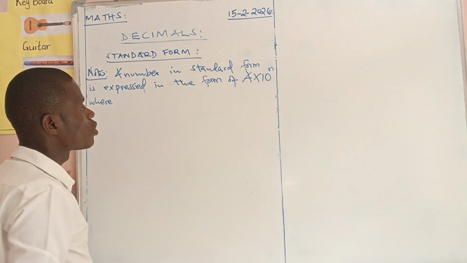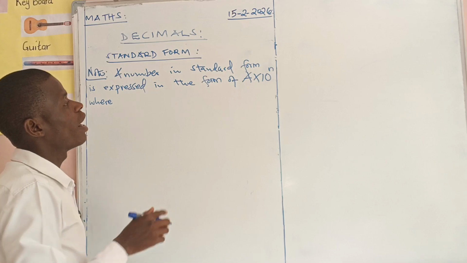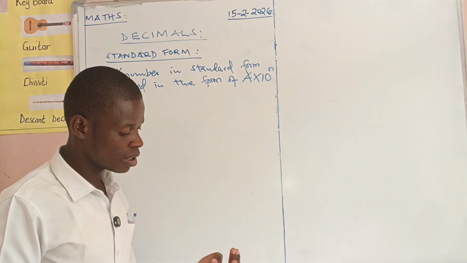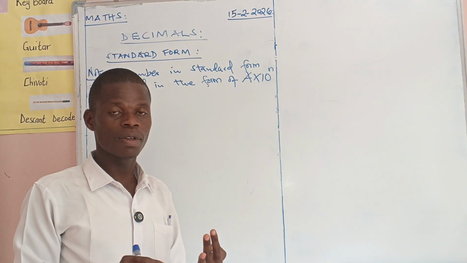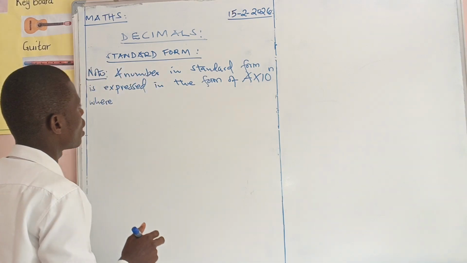So a is equal to or greater than 1, but this number must be less than 10. And n is an integer. Integer means it can be negative, it can be 0, or it can be positive. That is what you need to understand.